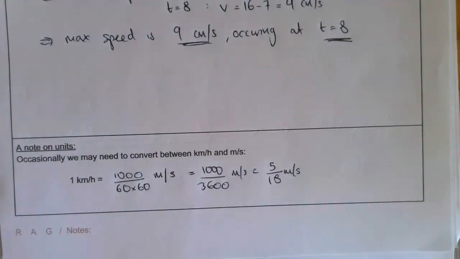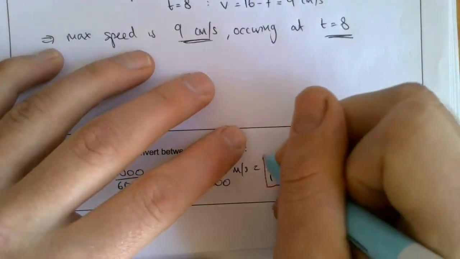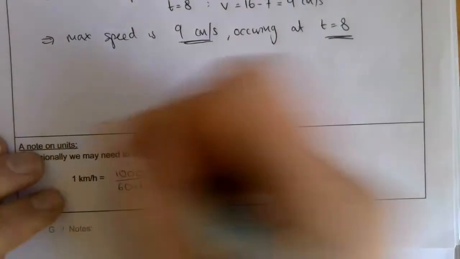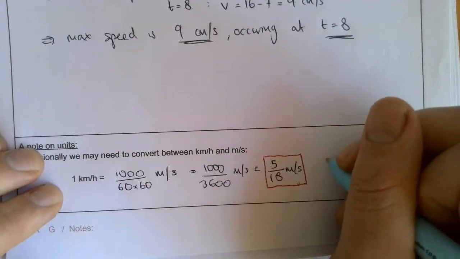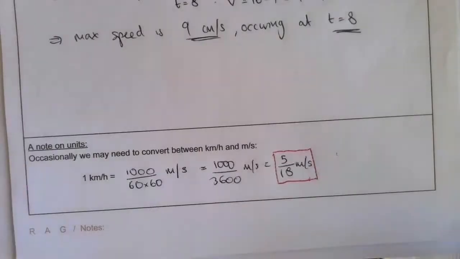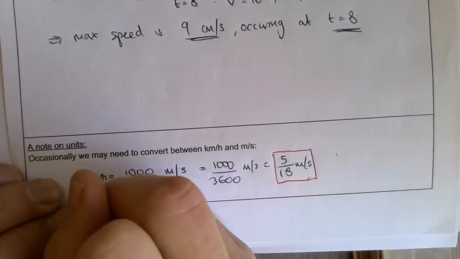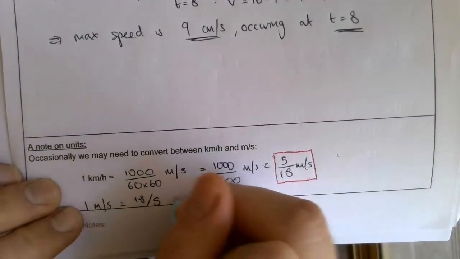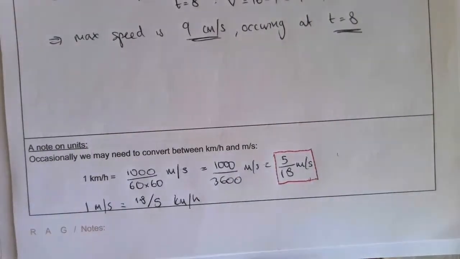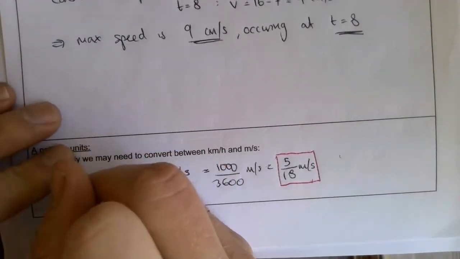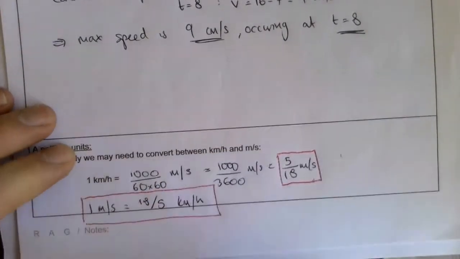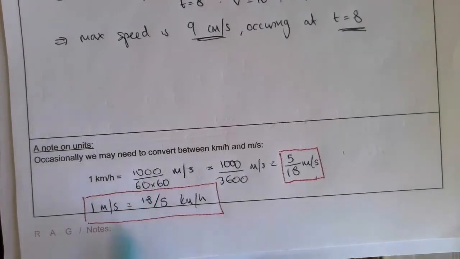And that's really the result which you just might want to refer to in your logbook. Going the other way, you do the reciprocal. So 1 meter per second is 18 over 5 kilometers per hour. And just giving this to you now so that you don't have to do it from scratch. You have that note in your logbooks for your paper 2 exam.